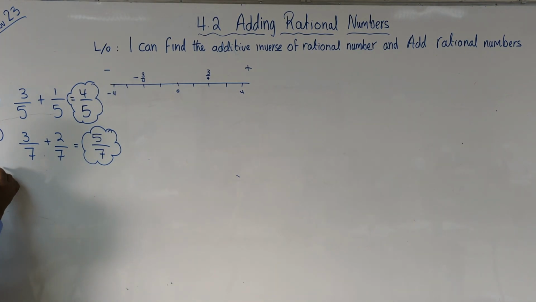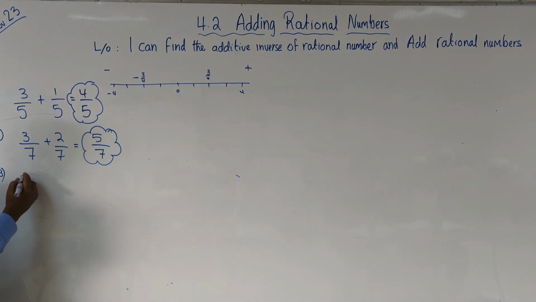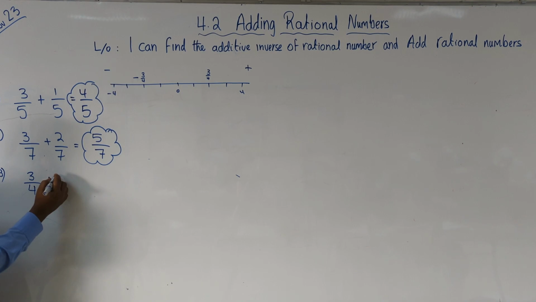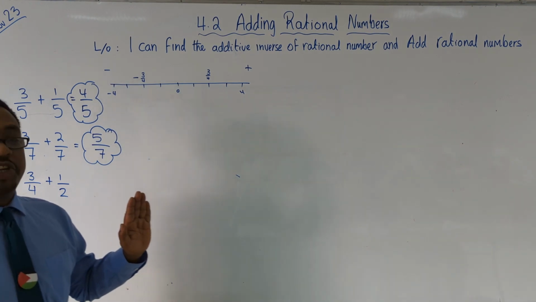So what do we do now if the denominators are not the same? Let me give you an example. If I now have 3/4 plus 1/2, how do we add these fractions now?